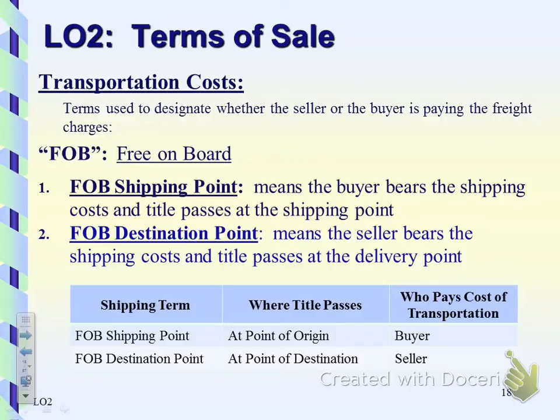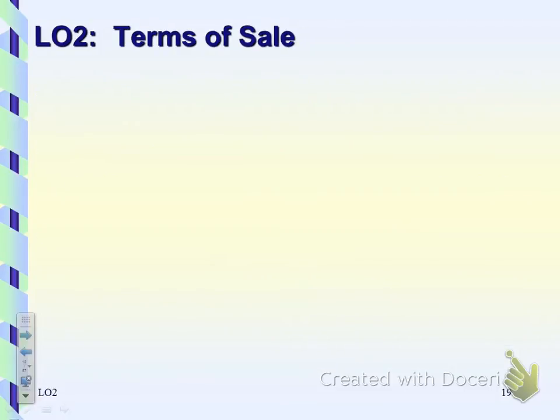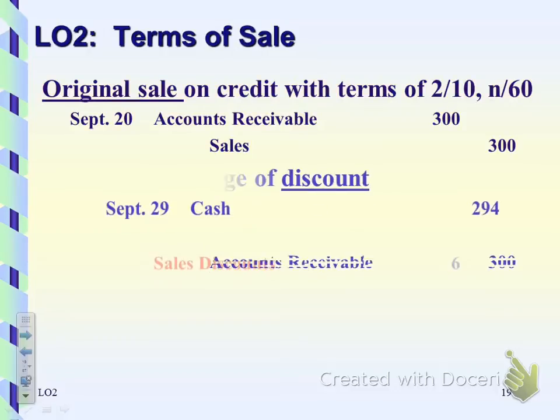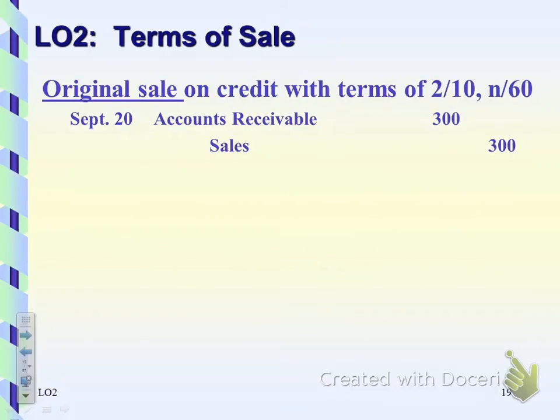Okay, and that chart, just a little bit further explanation there. Looking at terms of sale, let's look at a couple of examples. If we have an original sale on credit with terms of 2/10 net 60, clearly we've sold something for $300 and somebody owes us $300.